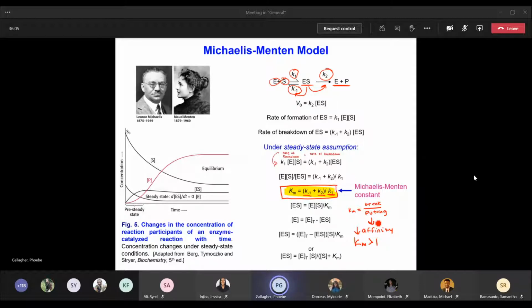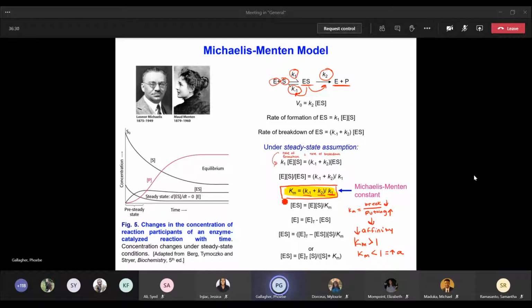On the other hand, if you are putting it together more than you're breaking it down, that's going to be a fraction because the denominator is going to be greater than the numerator. So now your Km is going to be less than 1, and that's going to show you that it has a higher affinity for the substrate.